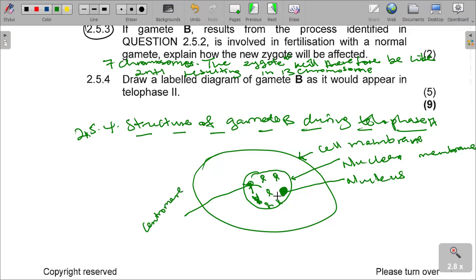The centromere which joins the two chromatids together is given there. We also have the chromatid, which must be labeled as a single piece of it. My diagram is small anyway, but just take note. Chromatid is given.